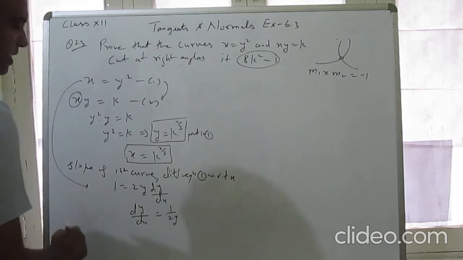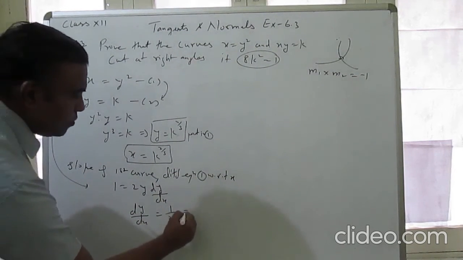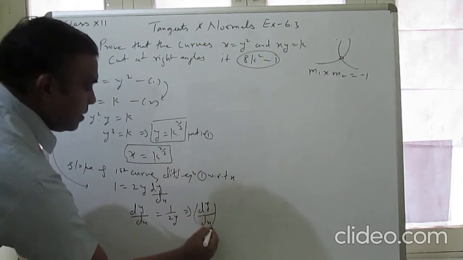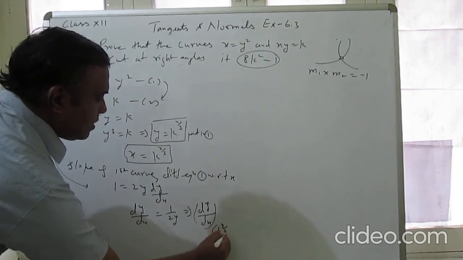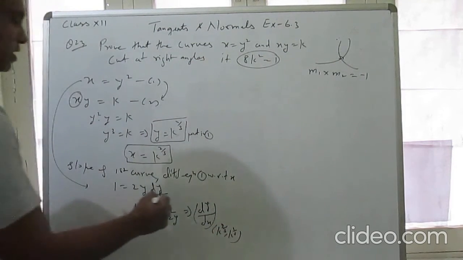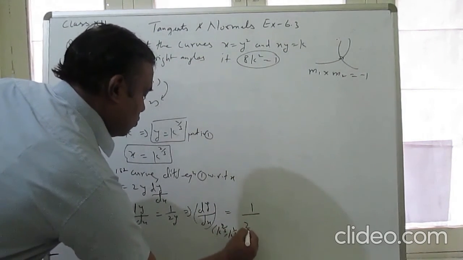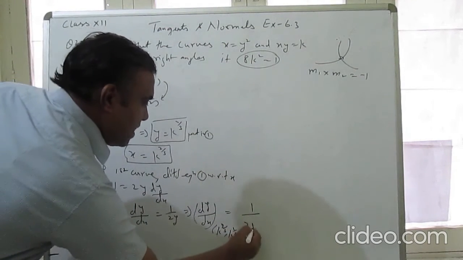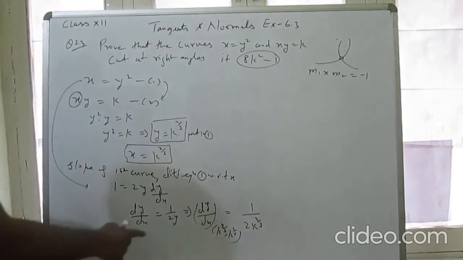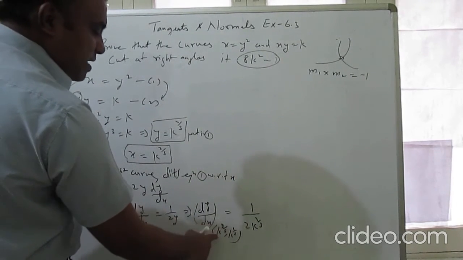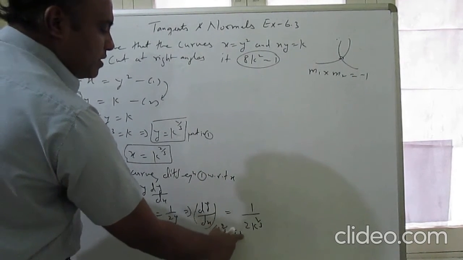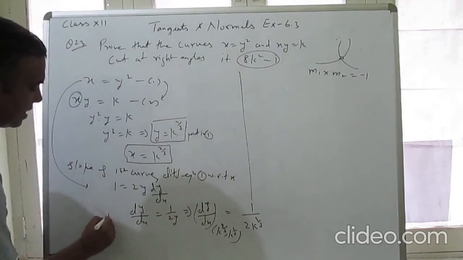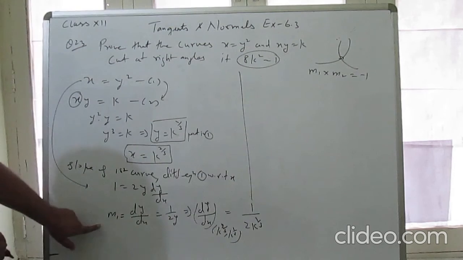So dy by dx at the point (k to the power 2 by 3, k to the power 1 by 3) is equal to 1 upon 2 times y, and in place of y we put k to the power 1 by 3. So this is 1 upon 2k to the power 1 by 3. Now I will name this slope m1.